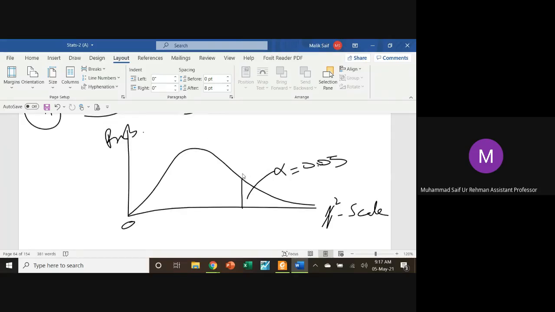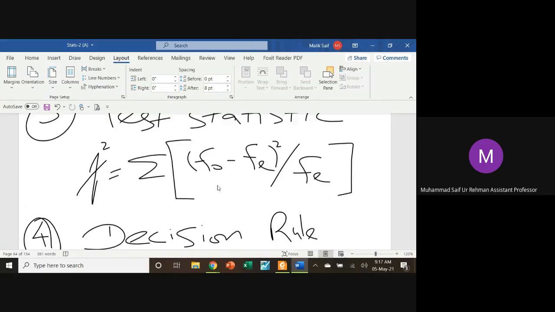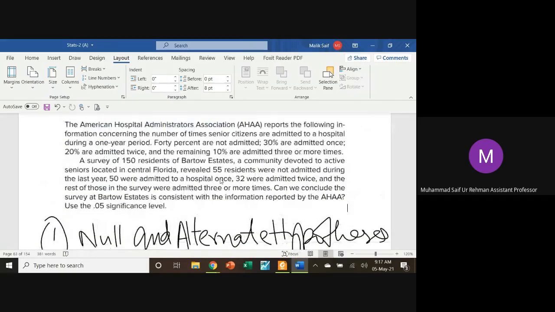In this case, you have to see how many categories are there. 40% are not admitted, one category; 30% admitted once, the second category; 20% admitted twice, third category; and the remaining 10% admitted three or more times. So four categories are there.